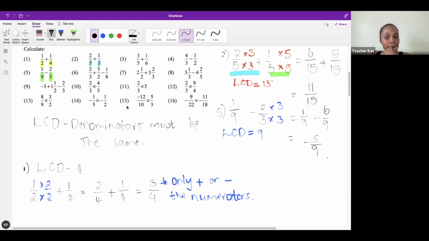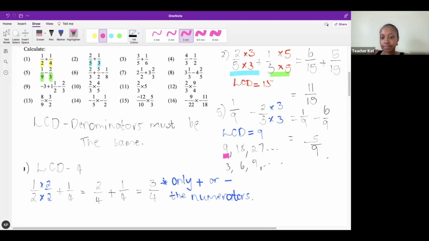Okay, so remember, you have to find the lowest common denominator, which is the same as your lowest common multiple. So remember, the multiples are 9, 18, 27, and so on. And for 3, it's 3, 6, 9, and so on. So which is the lowest one that is common between 3 and 9?